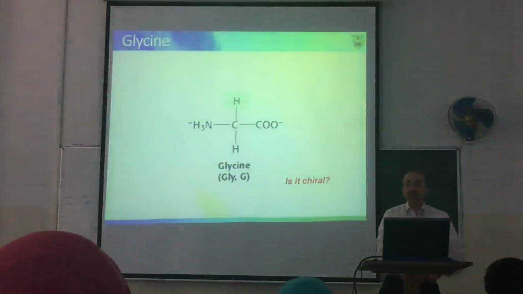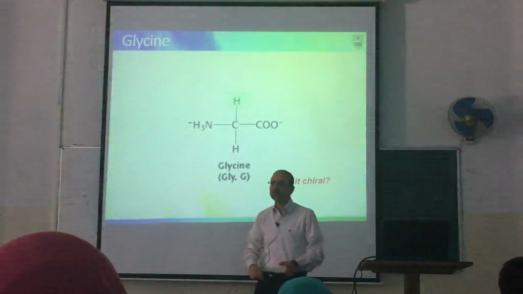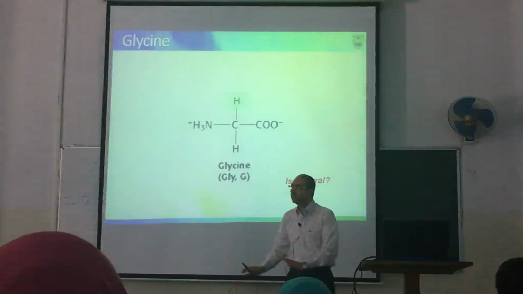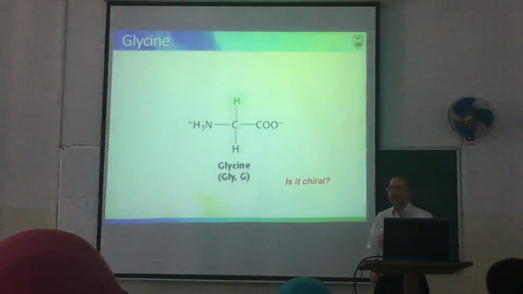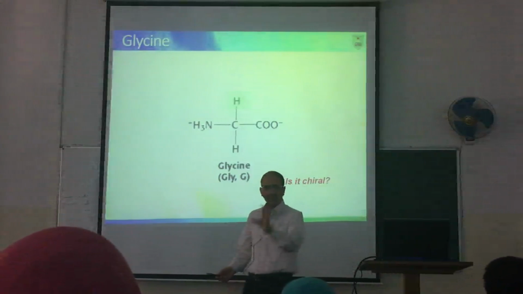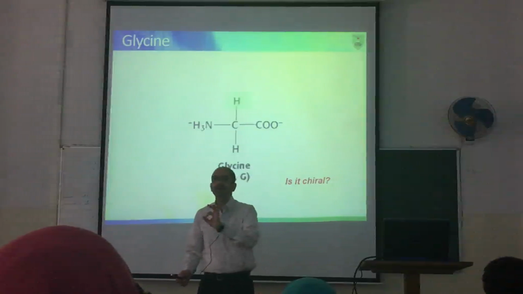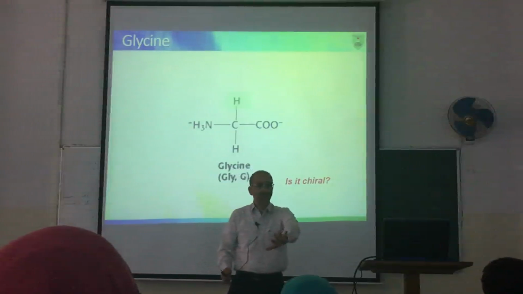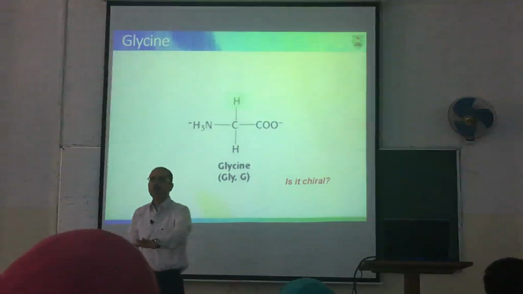Now we come to the polar amino acids. Glycine again. Wait, you told me it was non-polar. What happened? I told you the H is non-polar, the C-H bond, so it's non-polar. But if you take the amino acid by itself, is it a polar amino acid? Glycine, is glycine a polar amino acid?